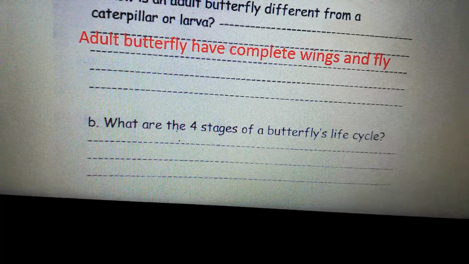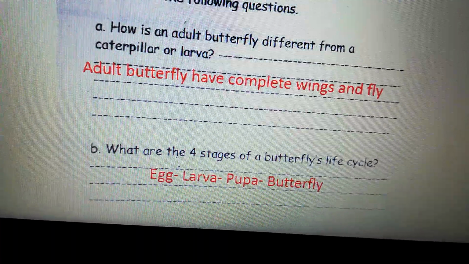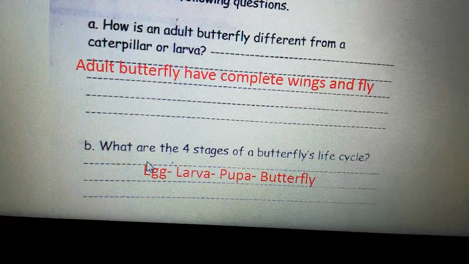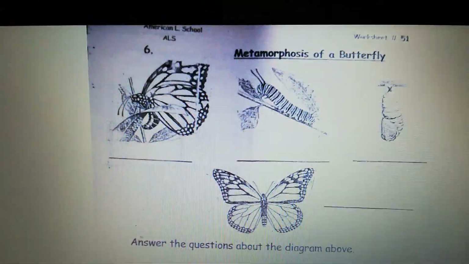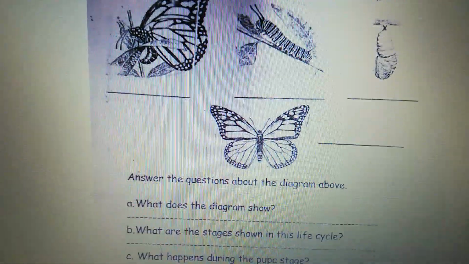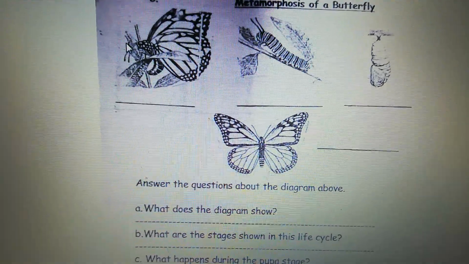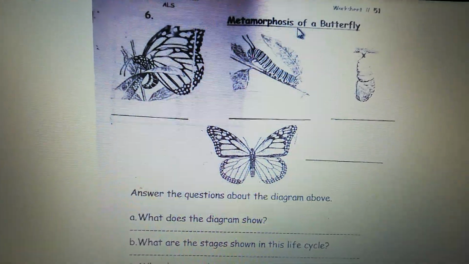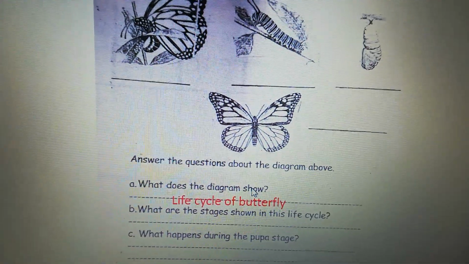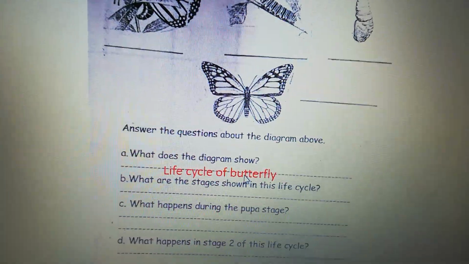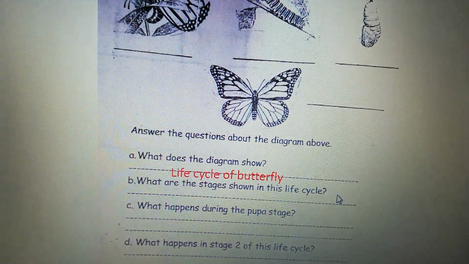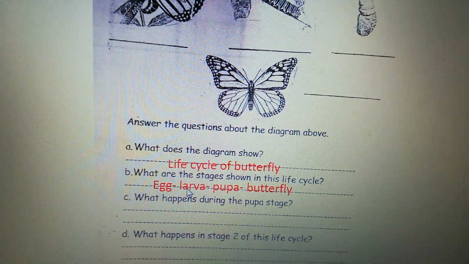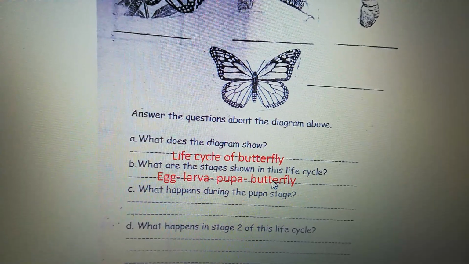What are the 4 stages of a butterfly's life cycle? So it starts with an egg, and then larva, pupa, butterfly. Now, what does the diagram show? So these are the figures of a butterfly metamorphosis, and they are asking us, what does the diagram show? So the diagram shows the life cycle of a butterfly. What are the stages shown in this life cycle? So they are 4 stages: egg, larva, pupa, and then finally the butterfly.